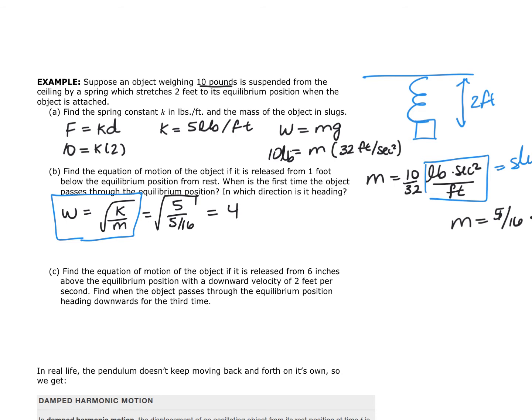Another formula that's important is my A. My A can be found with the square root of x naught, my starting position, squared, plus v naught, the velocity if I have that, divided by omega, the quantity squared. So here's another equation that is useful.